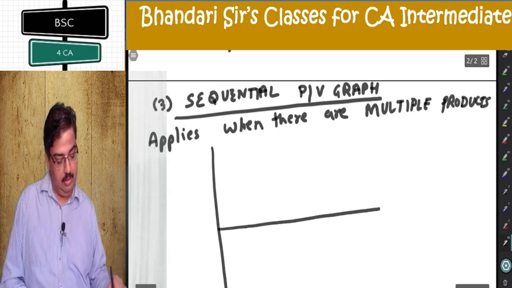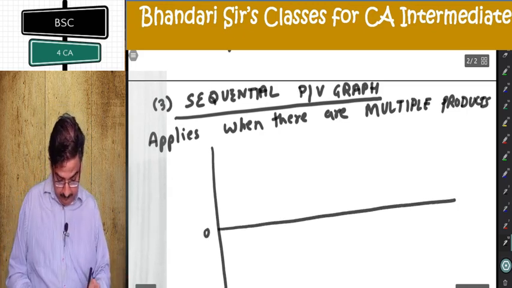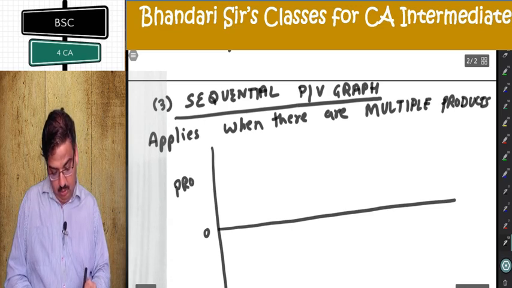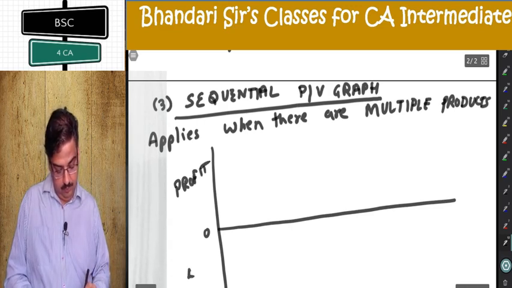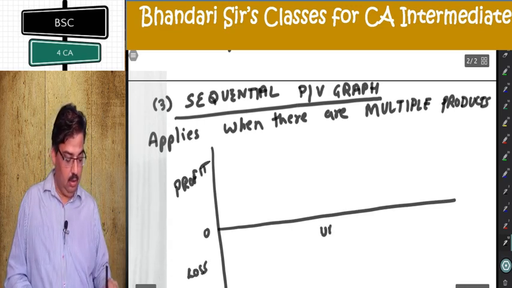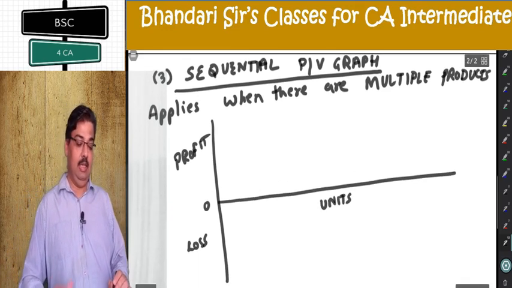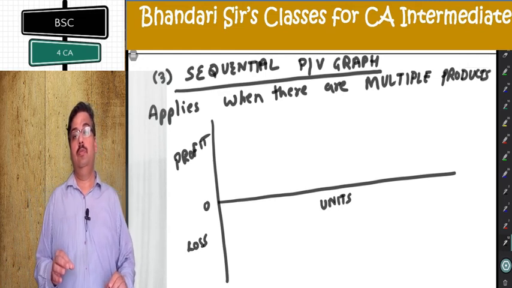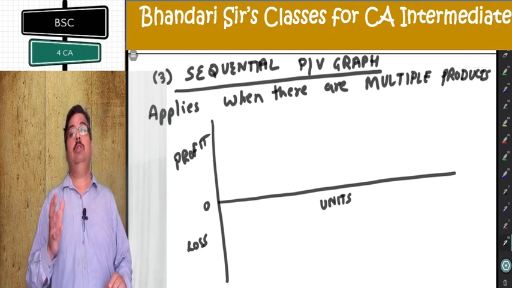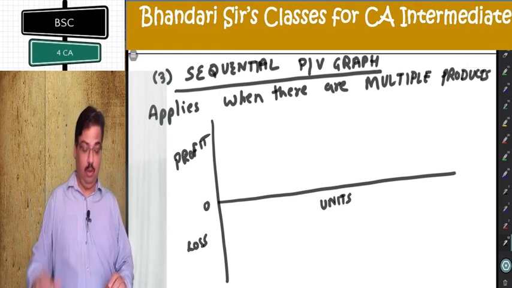The format is similar to the earlier one: 0, profit, loss, units. You must decide the sequence of products. The most profitable product you will make first, then second, then third, and so on.